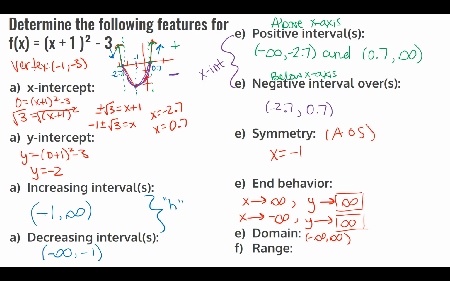Range is special. It's all about my y's. Yep. And we have to look at my, not y-intercept, because that's not my lowest y value, is it? The vertex is going to show me where my y's either stop or start. Okay, here, what is this, -3? Is that the lowest or the highest y value?